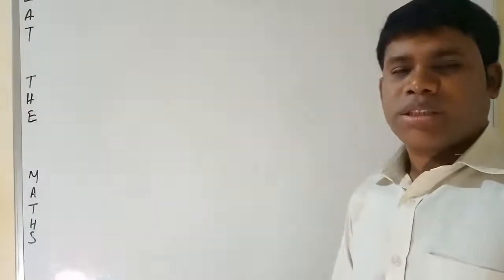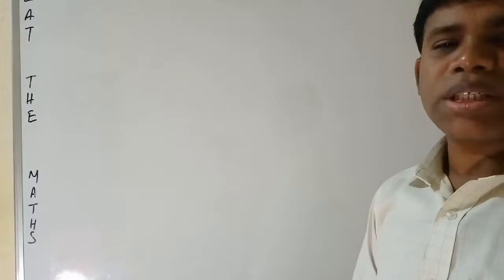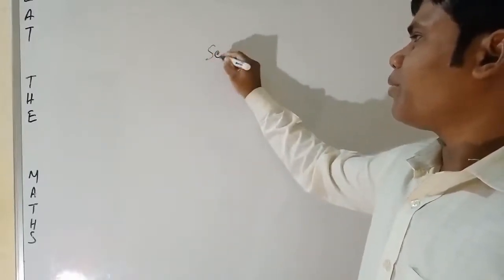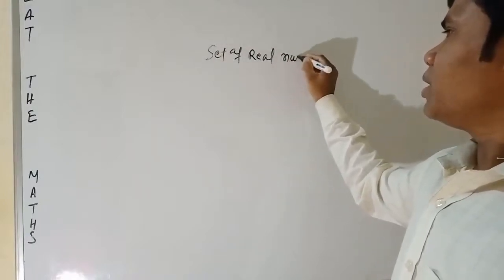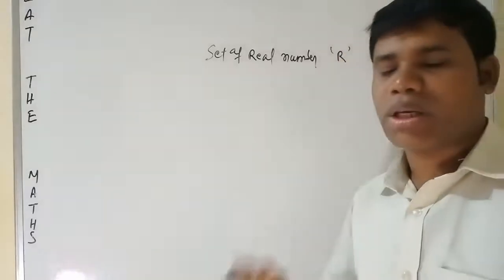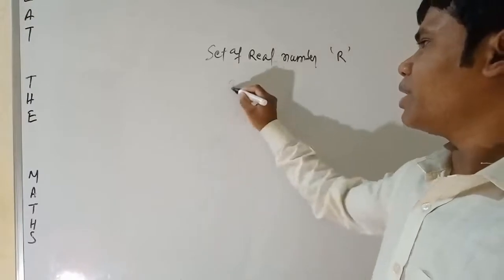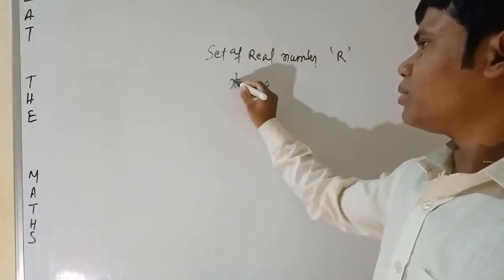You know the integer, fraction, real number, etc. The set of real numbers we can denote as R. Okay, let us discuss a quadratic equation, that is x square plus 1 equal to 0.